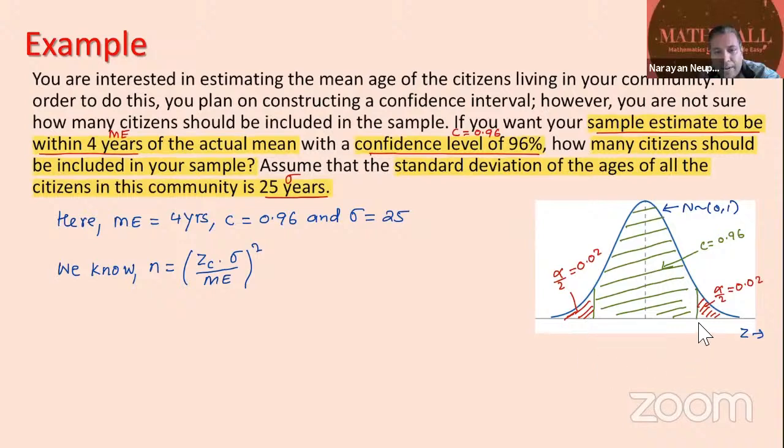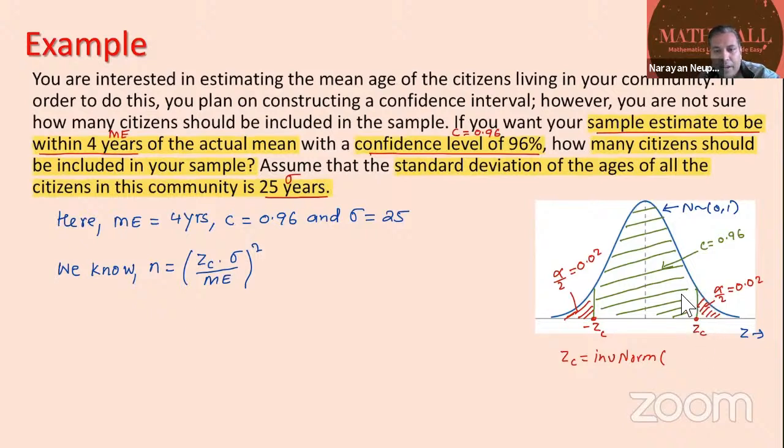The value that separates the middle area from the area in the tail is your z critical. This one will be the negative of that. If you use your calculator, z critical equals inverse normal of the area to the left of z critical. Please look at the screen now.